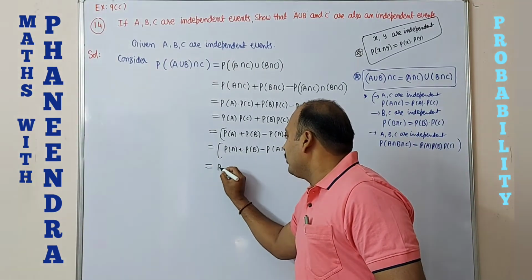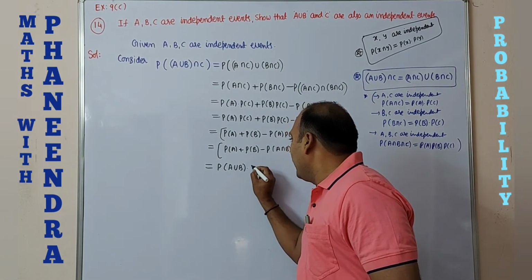So which is equal to P of A union B into P of C.